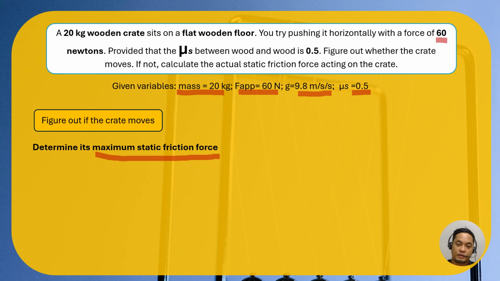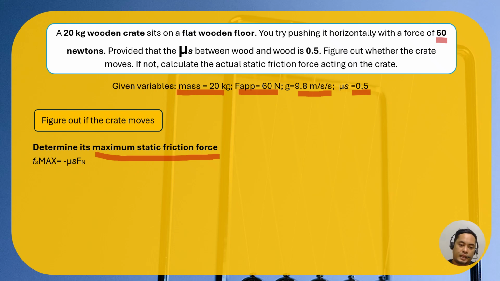The formula of our Fs max is this. Fs max is equal to negative coefficient of static friction multiplied by the Fn. It's negative because it's opposing the applied force direction. Negative there is going to the left side of our Cartesian grid.